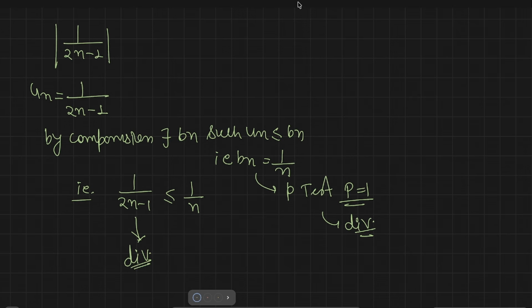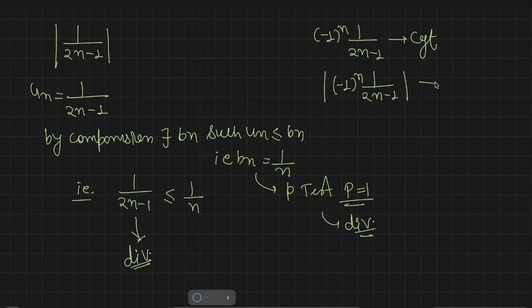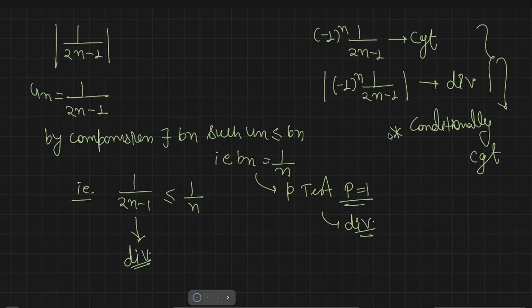If it is divergent, it means that minus 1 power n, 1 upon 2n minus 1 is convergent. But mod of minus 1 power n, 1 upon 2n minus 1 is divergent. It means it is called conditionally convergent, hence proved.